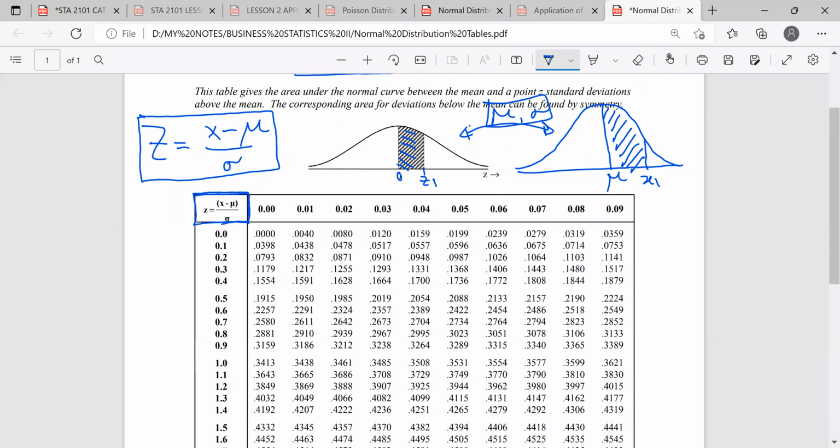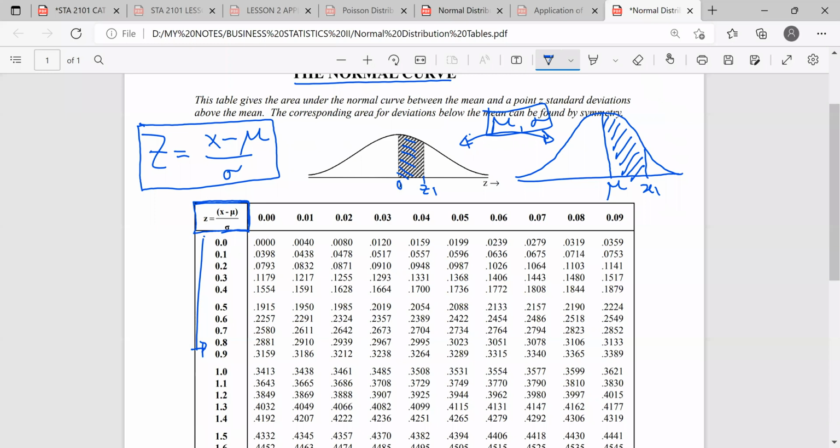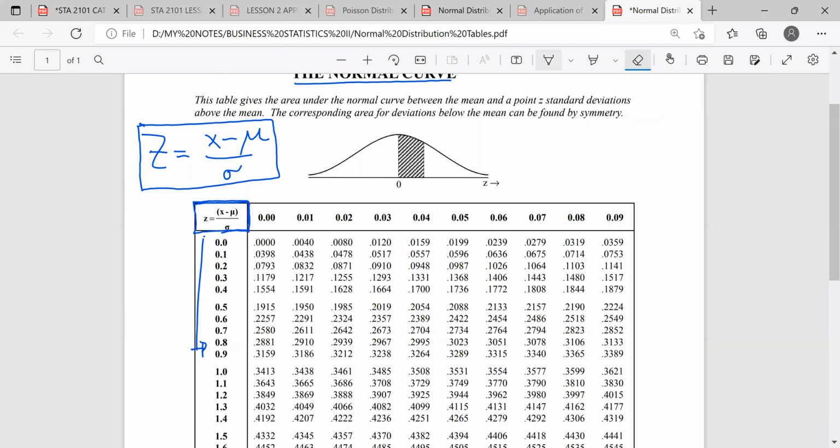So in this first column, we have the values of z. Remember we said that when you are working with z, the mean, which is equal to the median and also the mode, is at the center. So for z, the mean is at 0, going all the way to plus infinity and coming all the way from minus infinity.